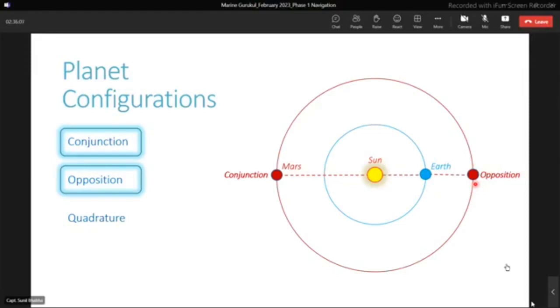Now let's assume that the planet keeps on moving in its orbit with some relative speed, and at another particular instant we observe that the planet Mars is at this particular placement or location in its orbit. Now, if you observe this planet Mars carefully, you see the direction in which the planet Mars is, is at right angles to the direction in which the Sun is. So whenever a planet is at right angles to the direction in which the Sun is, it is called quadrature.